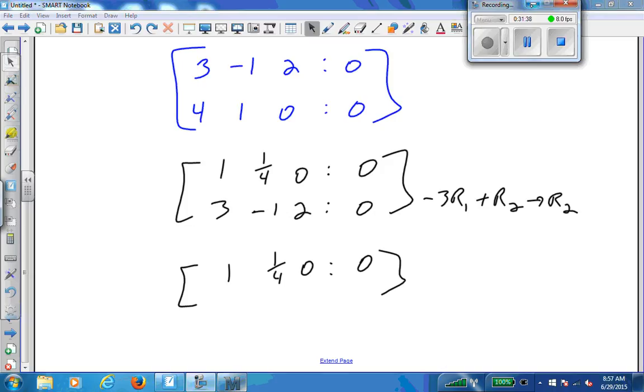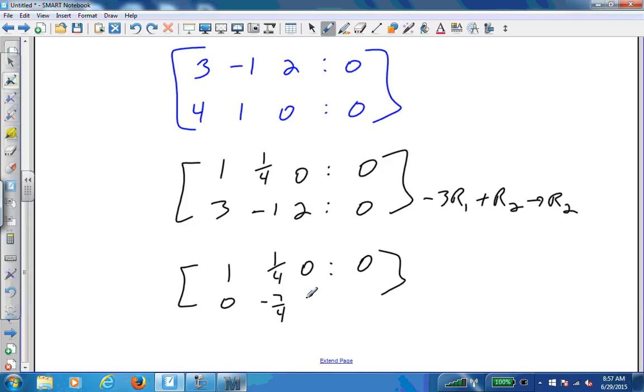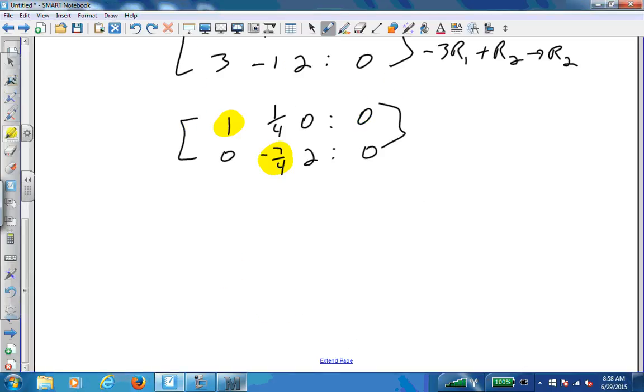So if we do that, we get a 0, -3/4 plus 1, so -7/4, 0, 2, 0. So we do have two pivots. We can't possibly have three pivots if we have two rows.